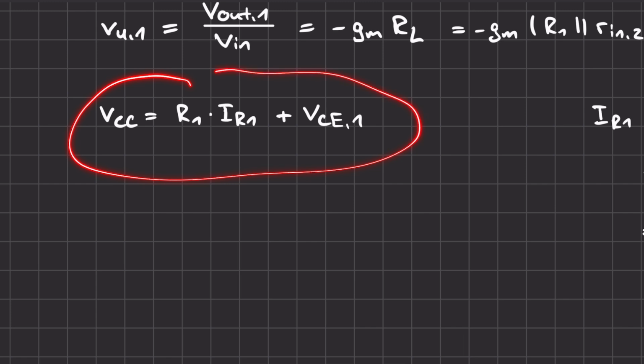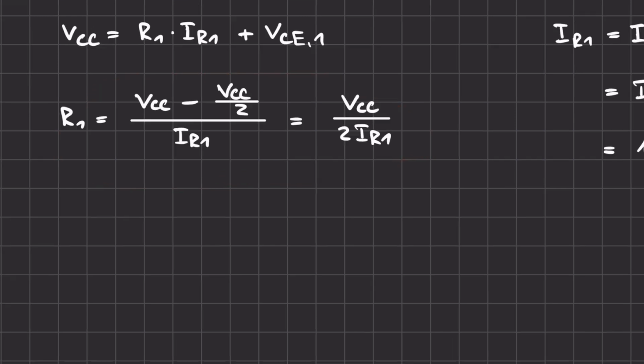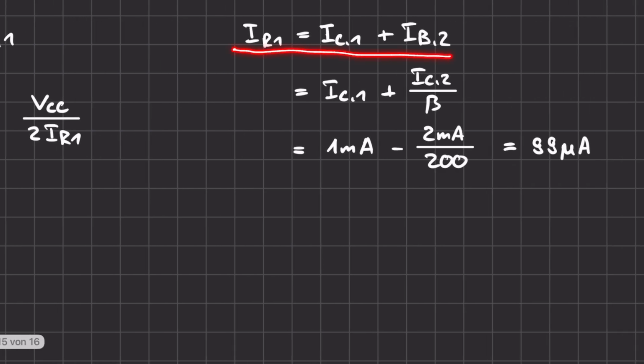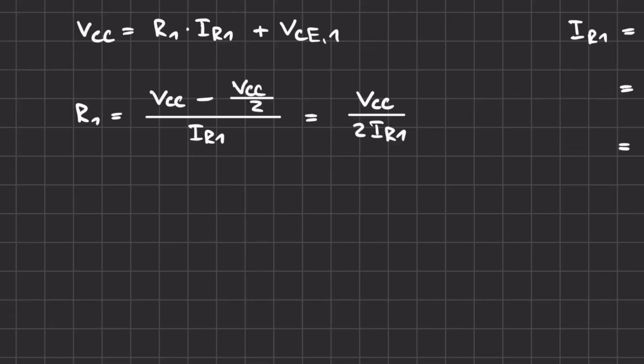If we now solve this for the resistor 1, we get that the resistor 1 is the supply voltage minus the collector emitter voltage, which is just half of the supply voltage, divided by our current over the resistor 1. If we further simplify this equation, we basically just get this formula. So with all the parameters given, we get that the resistor 1 is 60.6 kilo ohms.